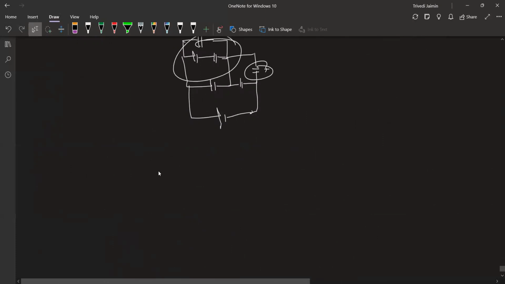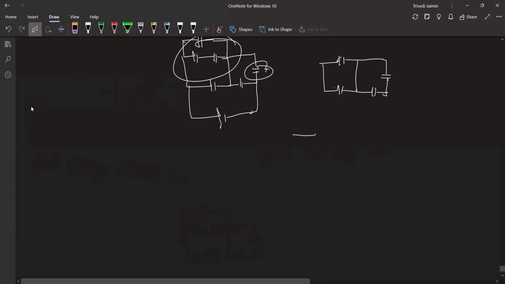We can make it simpler. If we draw one simple capacitor here, one capacitor here, one capacitor here, one capacitor here. Let's solve this one first.